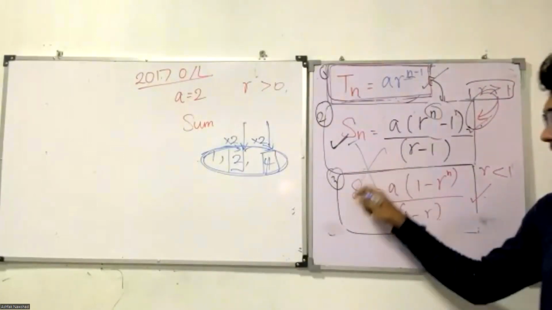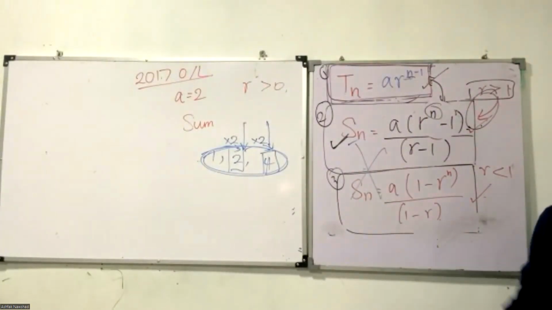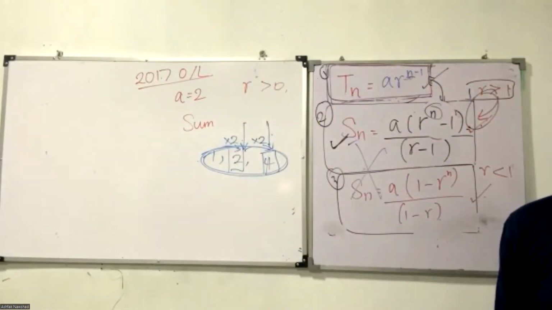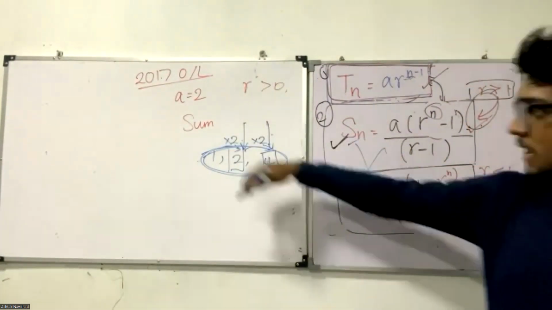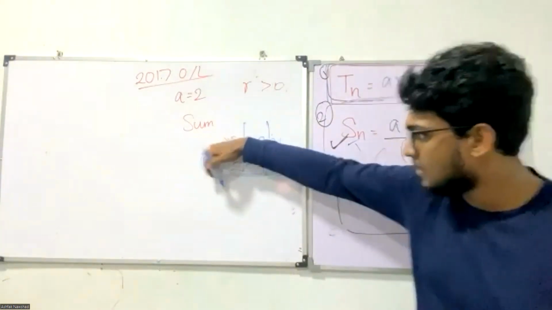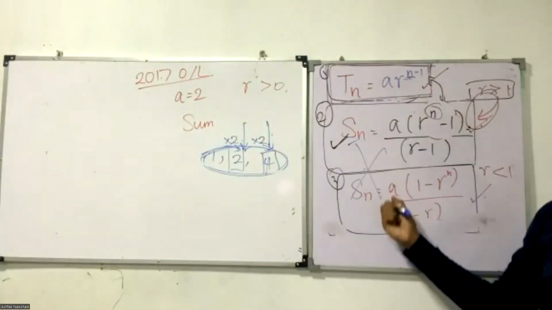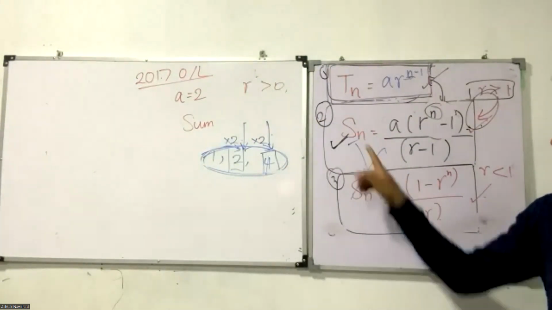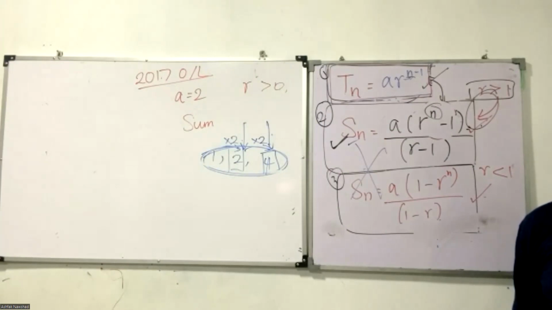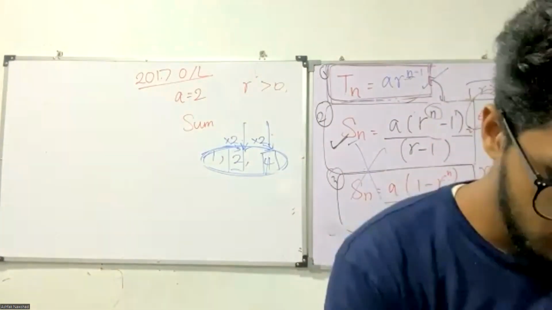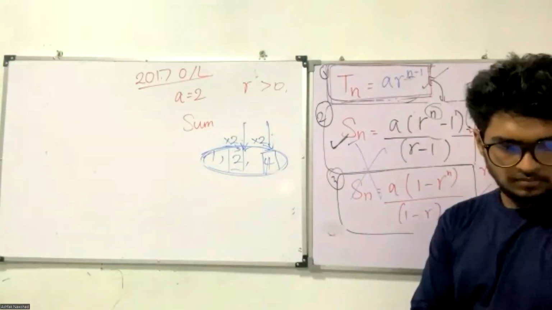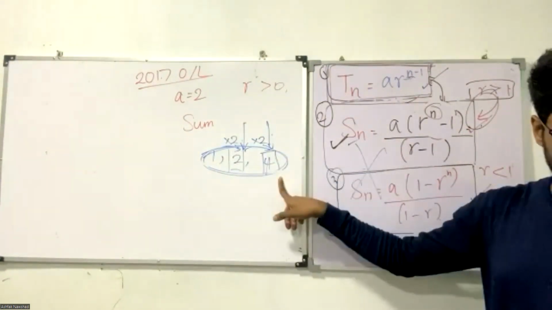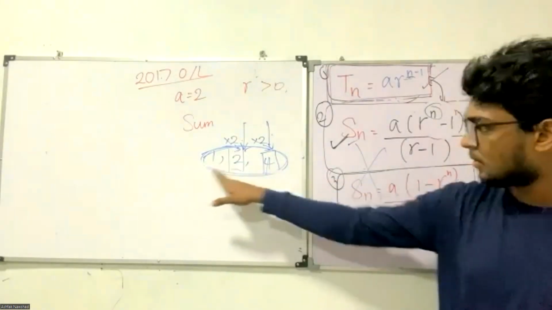So we can't use these. Is that clear? They are specifying some terms, not including the first from the beginning. We have to go on a different approach.